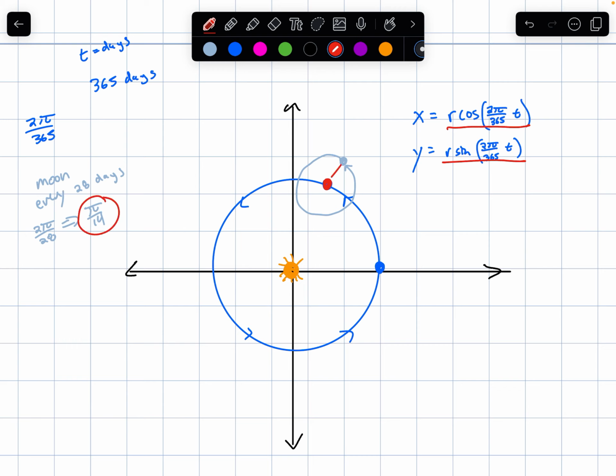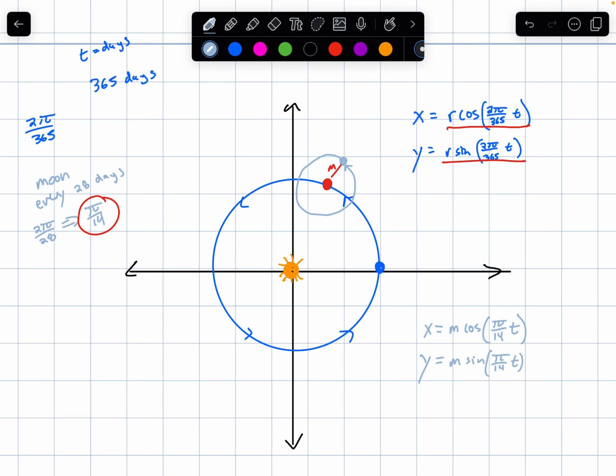So let's say the moon is m units from the Earth and it's going in a circular orbit. Well, then the moon's rotation can be modeled by x equals m cosine of (pi over 14) t, and the y coordinate is m sine of (pi over 14) t.